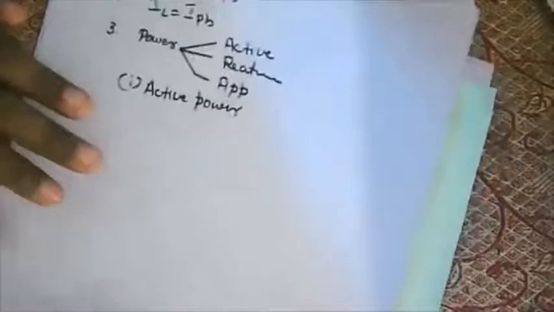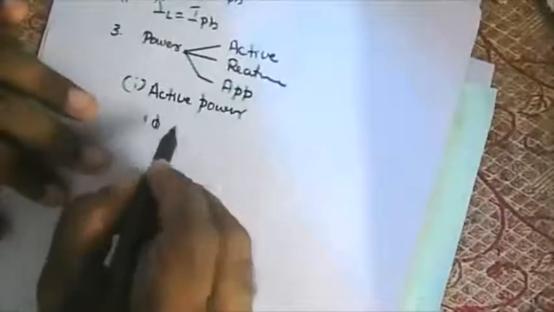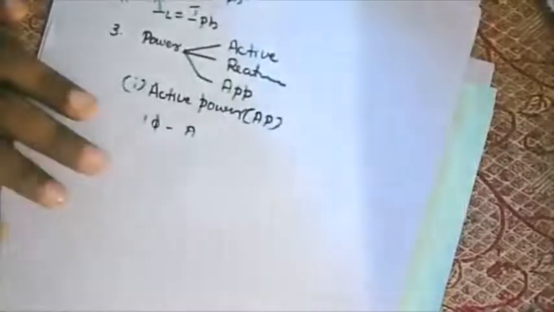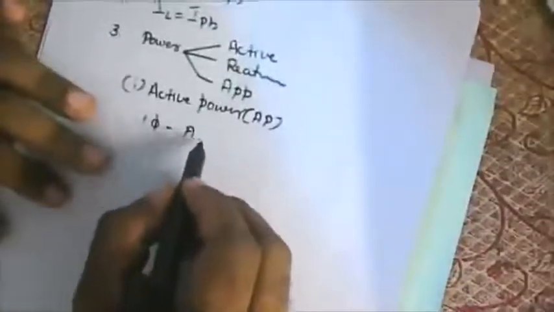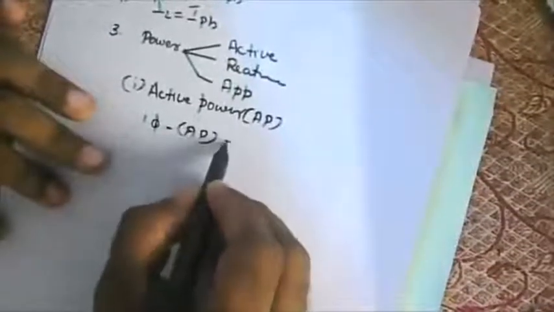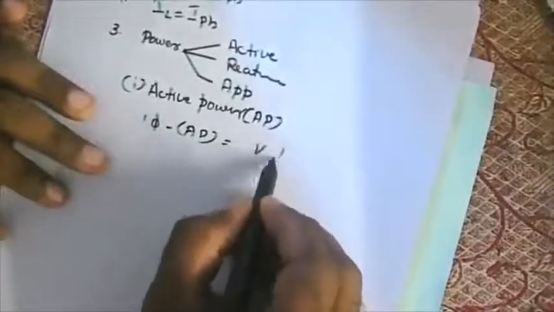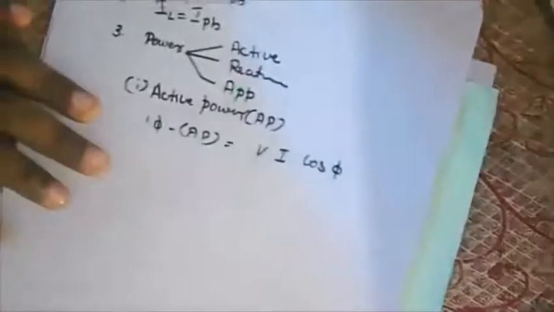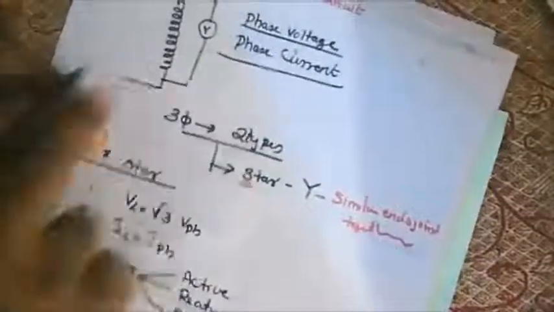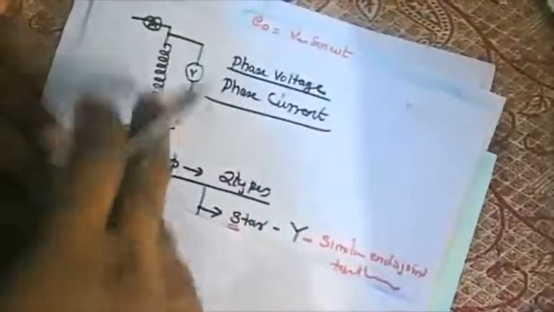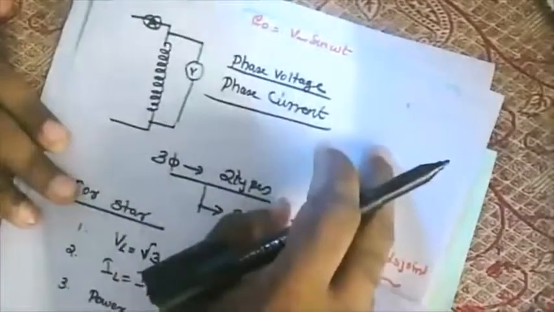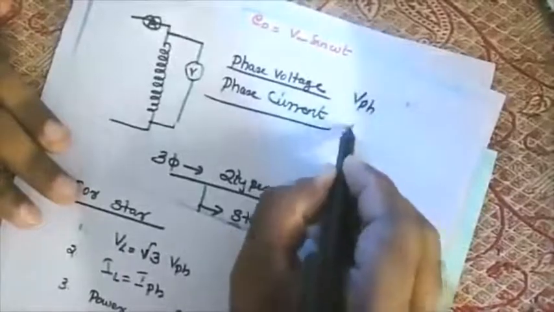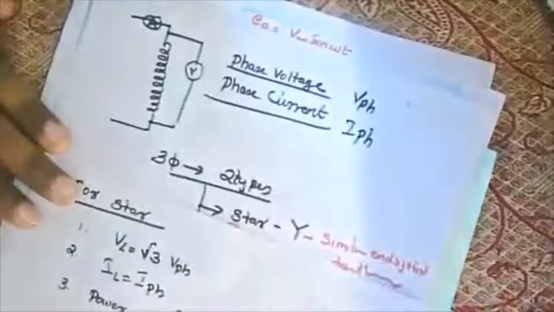For a single phase system, active power is equal to VI cos phi. Okay, kids, look here, this is what we call a single phase, and we call it a phase. So I can talk about one coil with V phase and I phase.